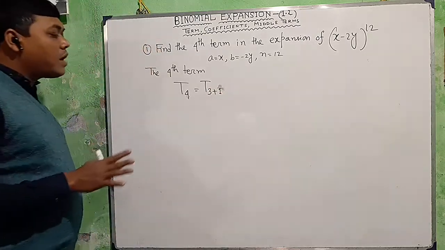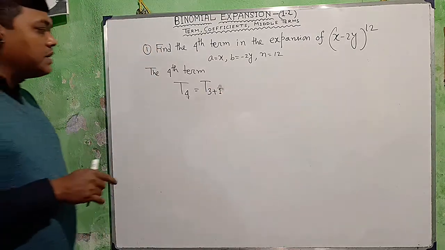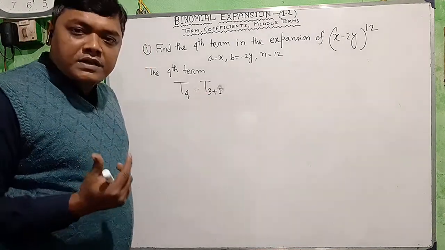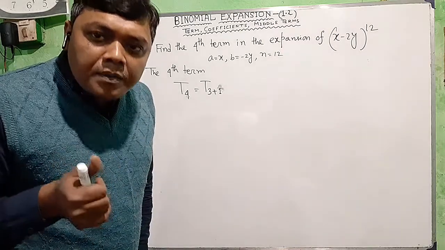So the fourth term T4 can be written as T(3 plus 1), because our formula is T(r plus 1).